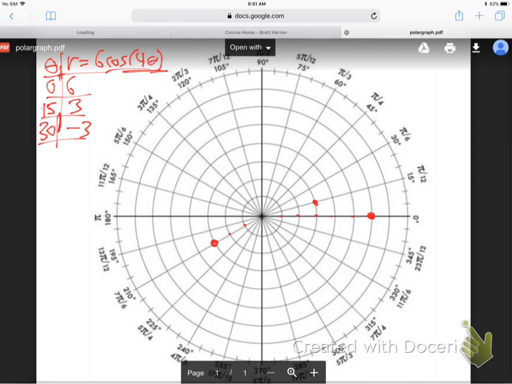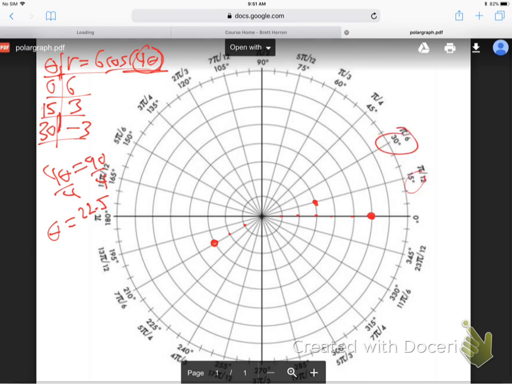So whenever 4 theta is 90, whenever the inside of the cosine is 90, it's going to be 0. It's going to hit the origin. So what makes that happen? Divide by 4. 22.5 degrees. See, I skipped over it because I just went from 15 to 30.